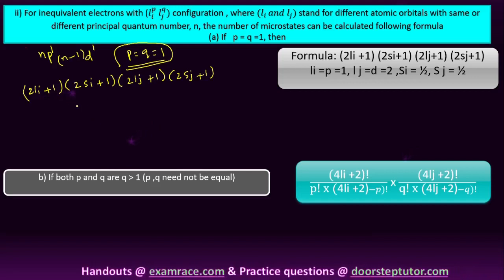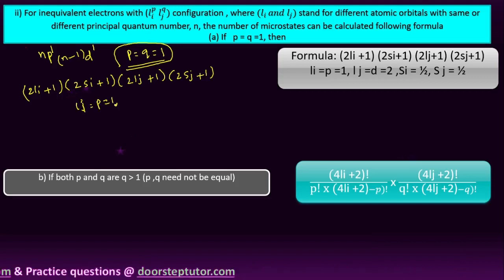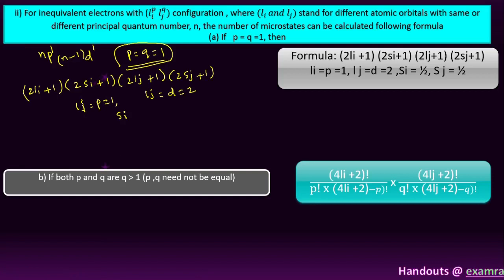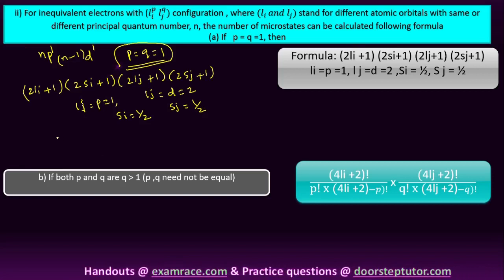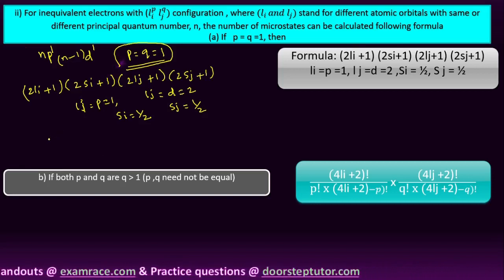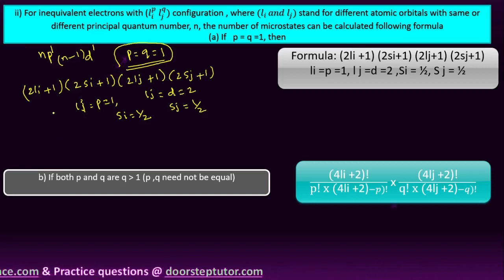Here we have two different types of orbital. Li for the p orbital is equal to 1, and Lj for the d orbital is equal to 2. Si for the first electron is equal to 1/2, and Sj for the second electron is equal to 1/2. You substitute all this data into the above equation. So 2 into 1 plus 1 is equal to 3.